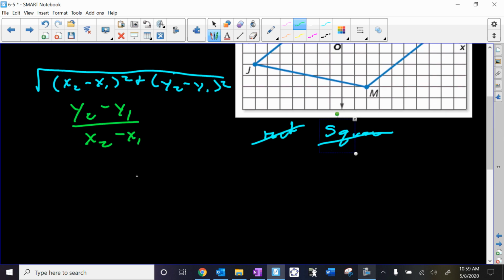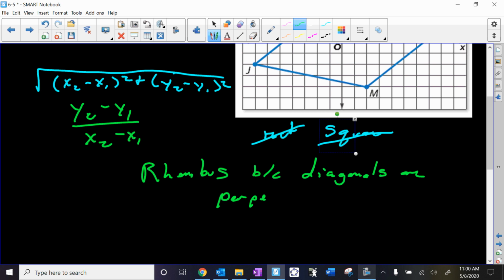So we're going to say it's a rhombus because now we need to name the property that we just showed. We know that the diagonals are perpendicular, but not congruent.